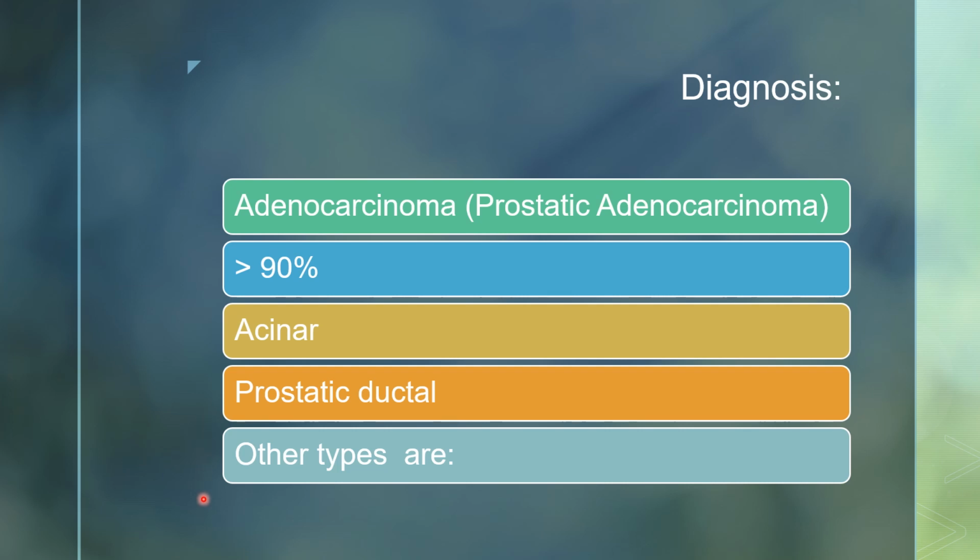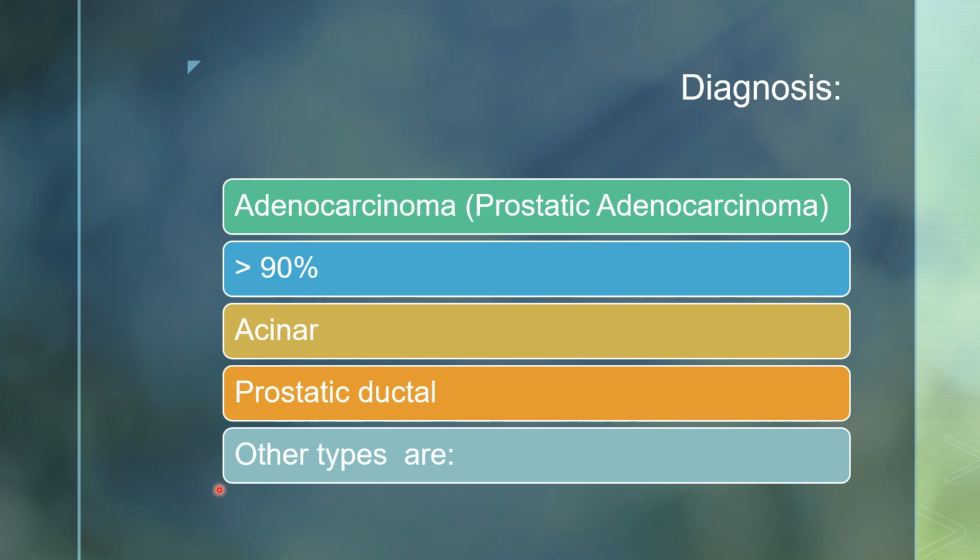Now, other types of prostatic cancer could be squamous cell carcinoma of the prostate, sarcoma, transitional cell carcinoma. Remember, I have gone through transitional zone density the other time. When you get the prostate gland around the urethra, that is the transitional zone, okay.